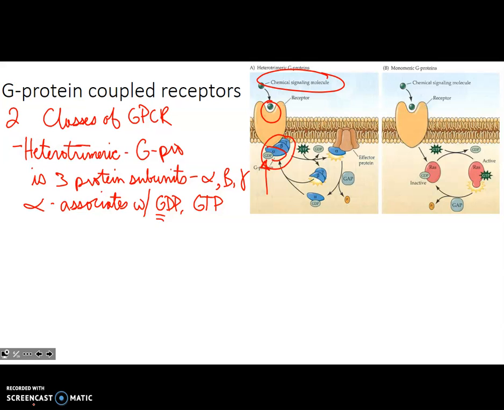Okay, so under normal circumstances, the G protein isn't necessarily nearby, right? So this whole complex of alpha, beta, gamma, right, with the alpha portion having GDP associated, is somewhere not near the G protein coupled receptor, okay? But ligand binding changes that. Ligand binding brings it to the receptor.